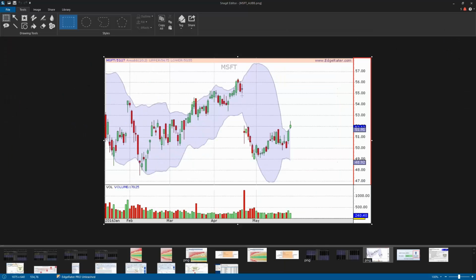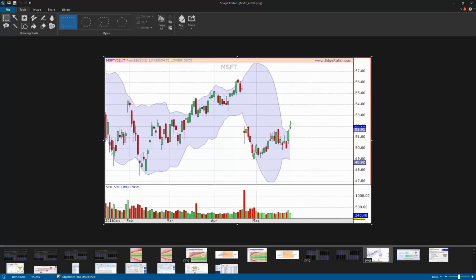Okay, here's a chart. So 5/24 was actually the day before this break above the upper Bollinger Band. And I think in the email I sent out, the information I gave was actually for this bar and not this bar, so that was my error. But we're going to talk about this bar here, the bar that Microsoft broke above the upper Bollinger Band.